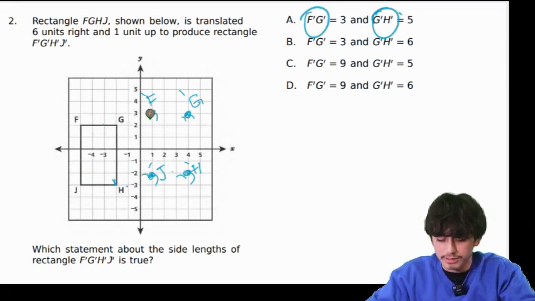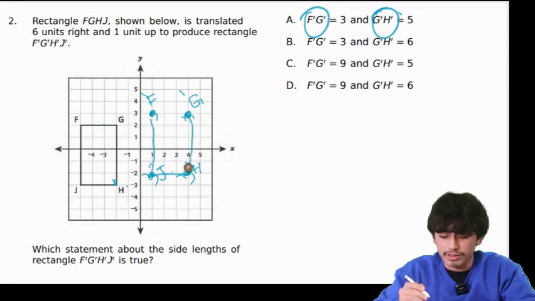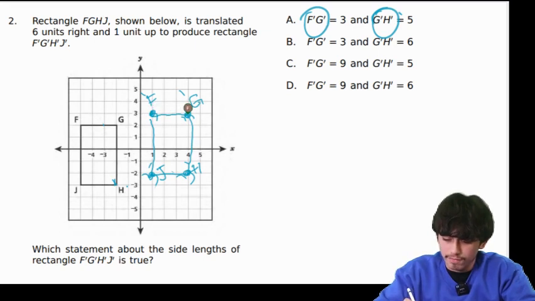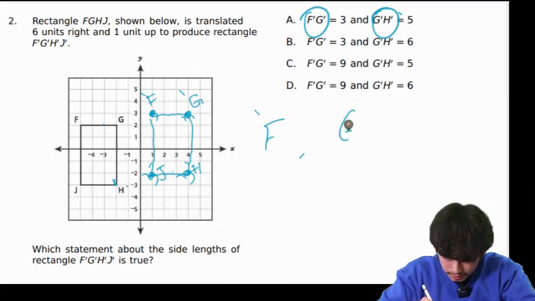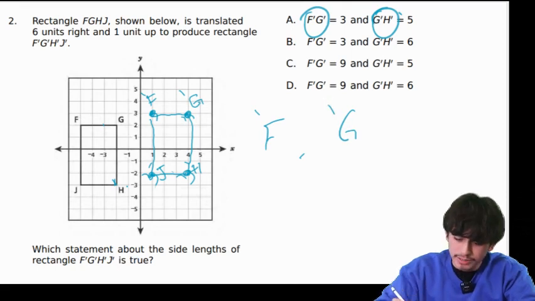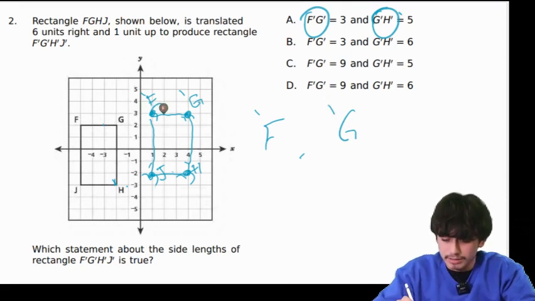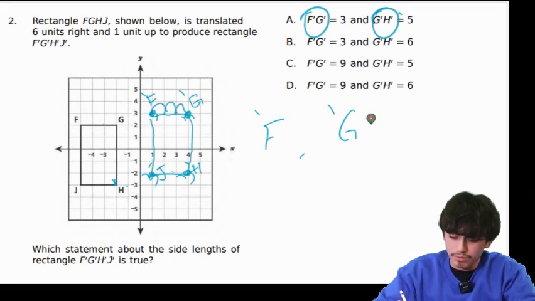just in a different position. And now we're going to count the side lengths of F prime G prime. We count 1, 2, and 3 units, so F prime G prime equals 3 units.